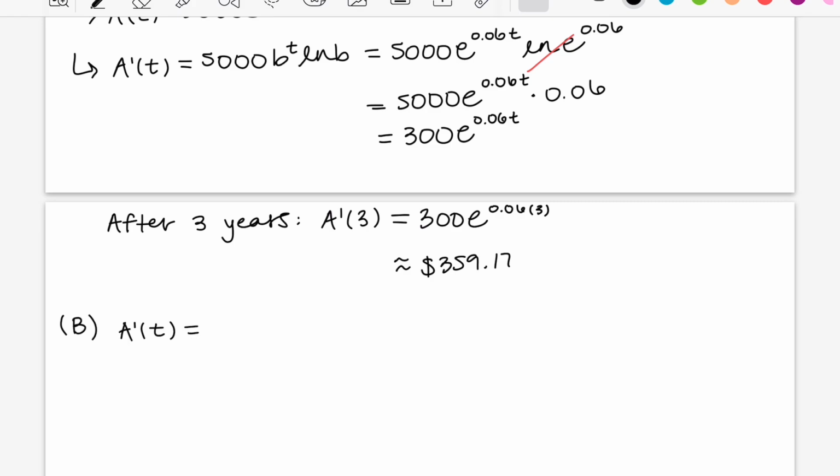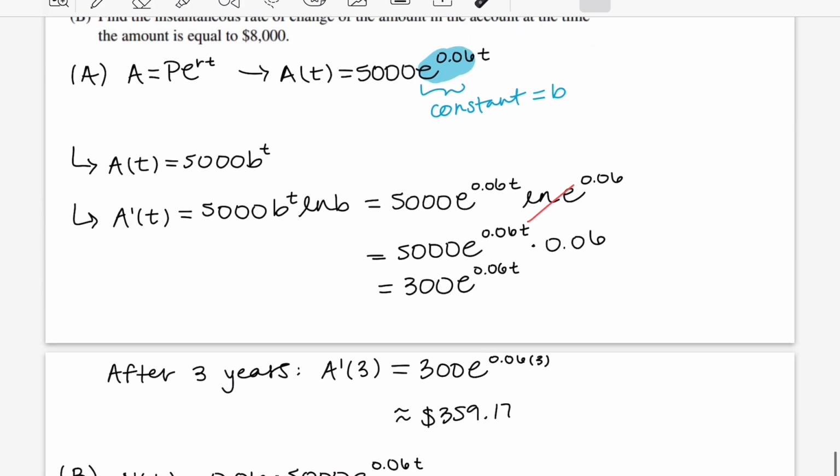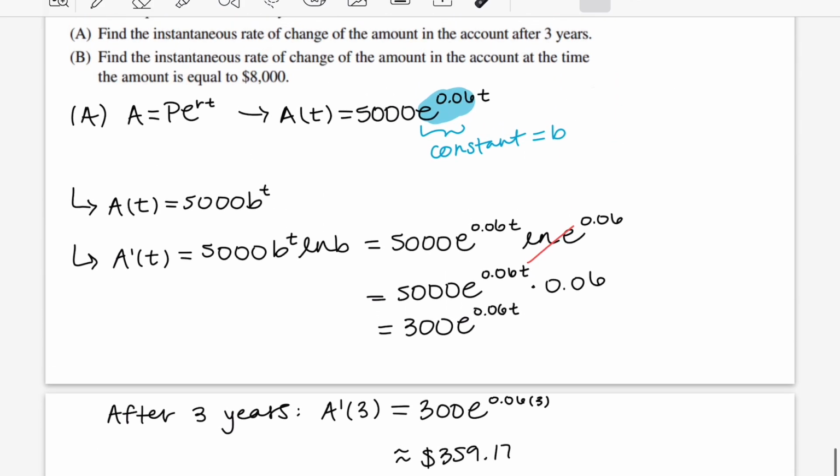We found that that would be equal to, before simplifying this to get 300, 0.06 times this guy here. And if you remember our original equation for our amount, it's equal to 5,000 times e to the power 0.06 times t. And that's exactly what we have here.